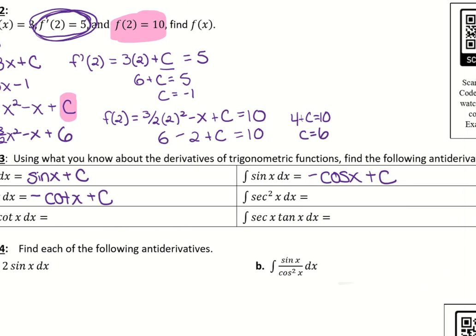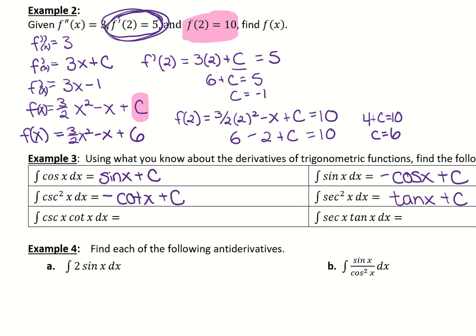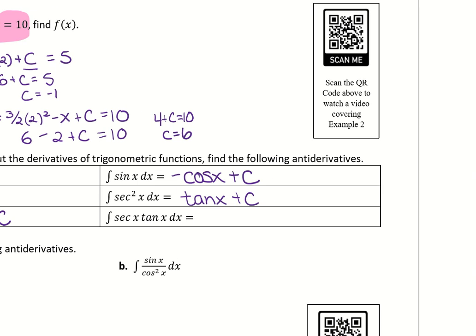What function has a derivative of secant squared? That function is tangent of x plus c. What function has a derivative of cosecant cotangent? That would be negative cosecant x plus c. And then finally, what function has a derivative of secant tangent? And that is secant of x plus c.